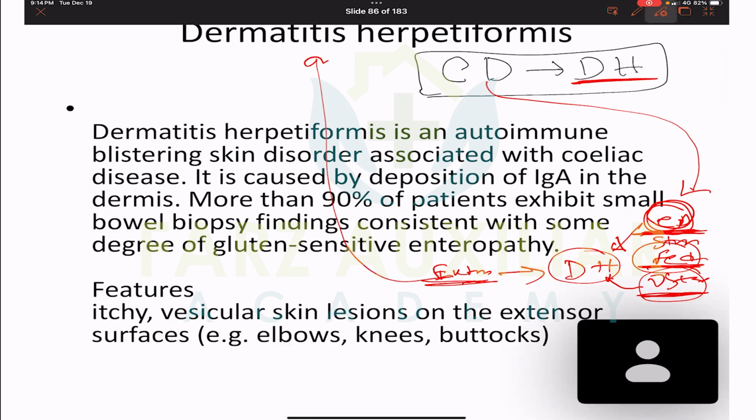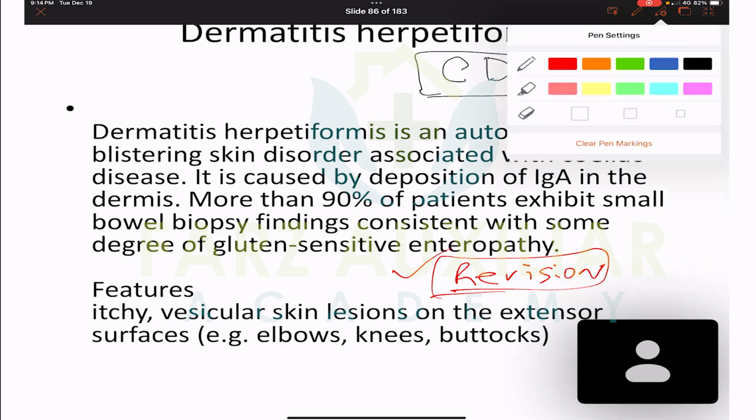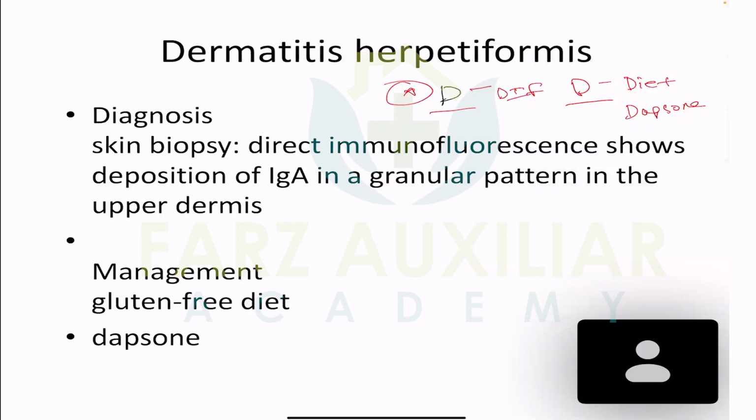I think these clues will be your revision part. You should revise your paper like this in this short form, then you can revise the whole of medicine. Then we can go on to how you can diagnose it. I said that for CD, you should write DH in your paper, CD, DH.